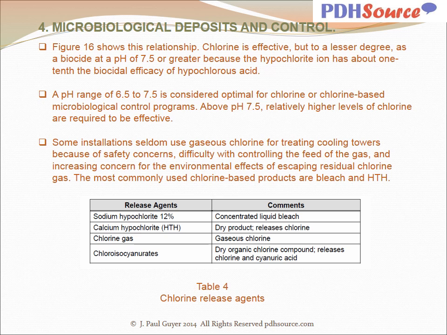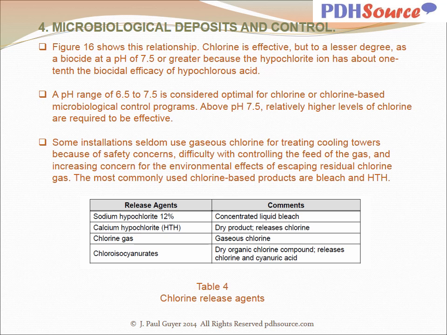Some installations seldom use gaseous chlorine for treating cooling water towers because of safety concerns, difficulty with controlling the feed of the gas, and increasing concern for the environmental effects of escaping residual chlorine gas. The most commonly used chlorine-based products are bleach and HTH.